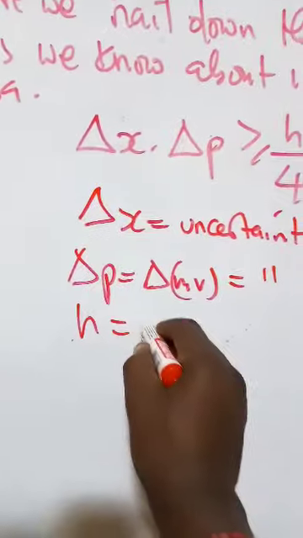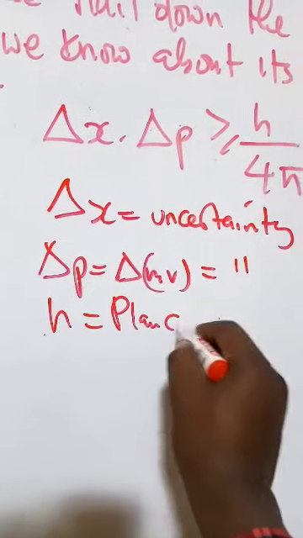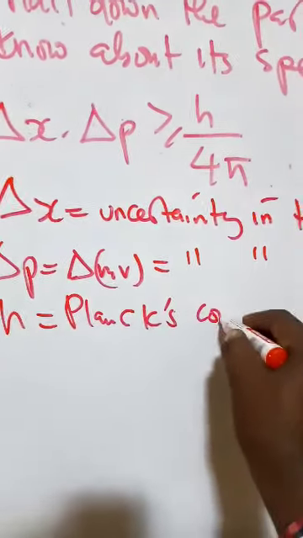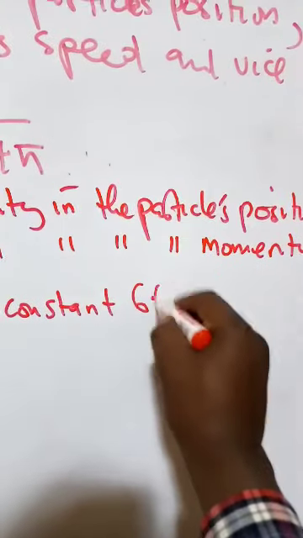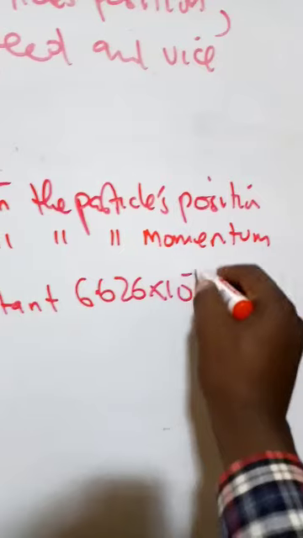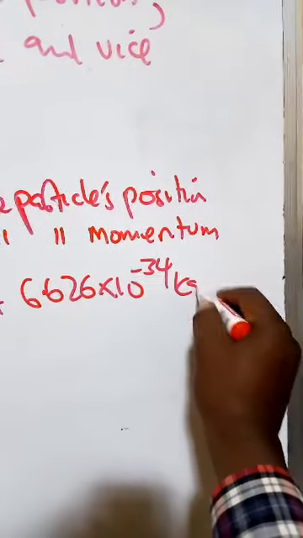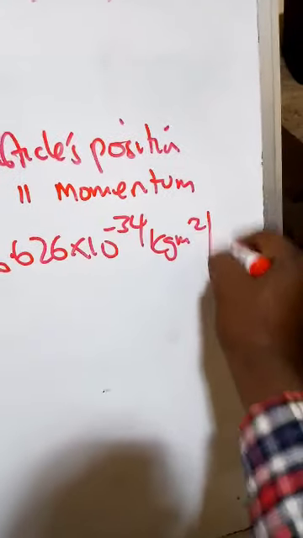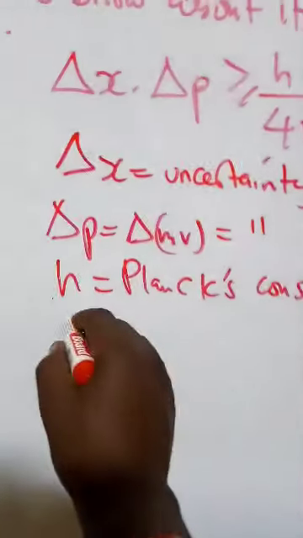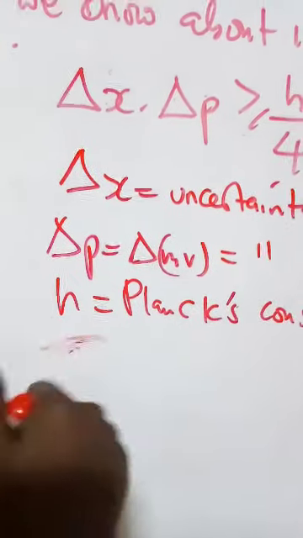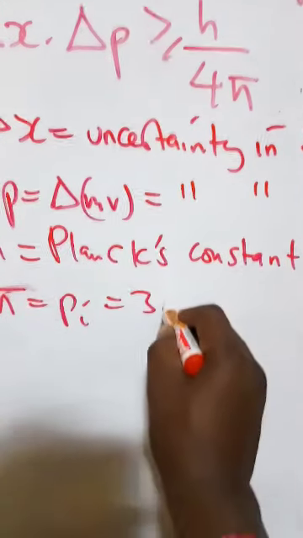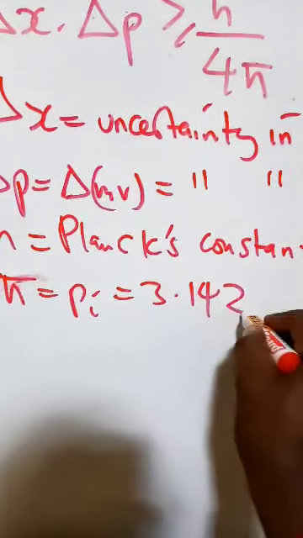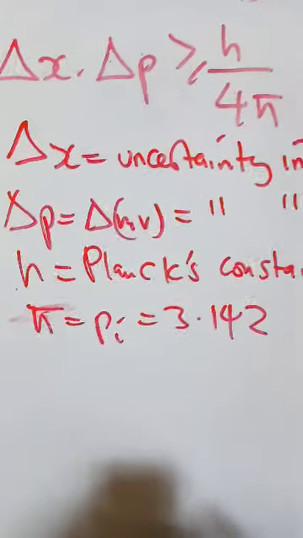h is Planck's constant, with a value 6.626 times 10 to the power negative 34 kg meter squared per second. Then this is pi, with a value 3.1442.